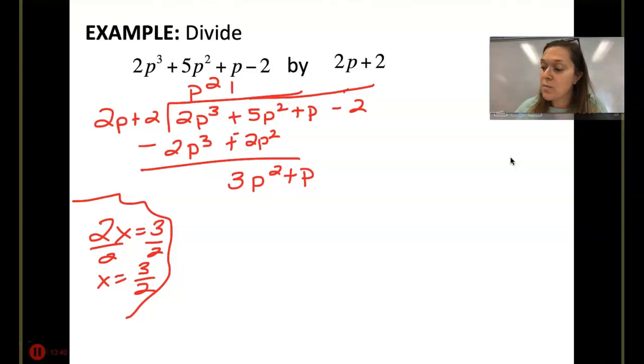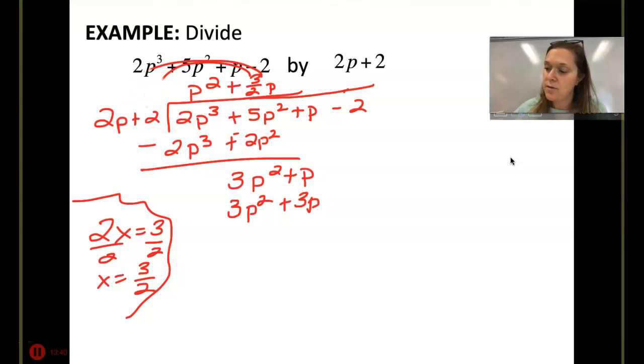So I'm going to multiply by 3/2 p, which gets us into the fraction world, which is okay because you have a calculator that does fractions for you. So 3/2 p times 2p gets me 3p squared. 3/2 times 2 is 3p.